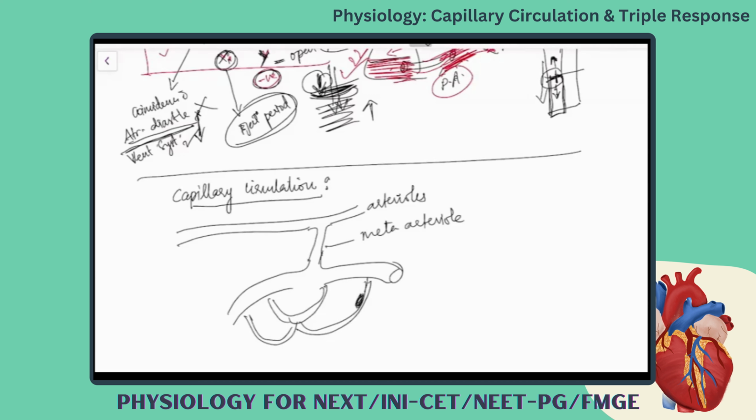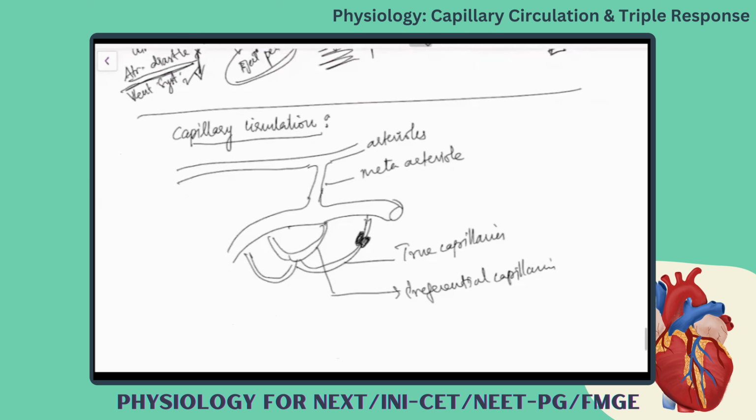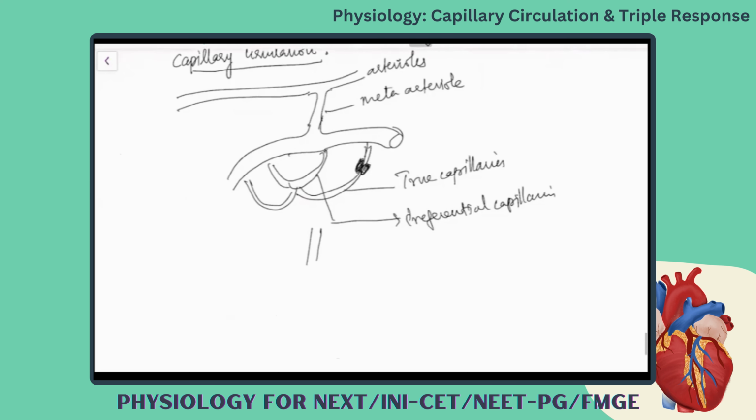And you have the sphincters over here, and they are called true capillaries and preferential capillaries, and this will finally give the flow to the venules.